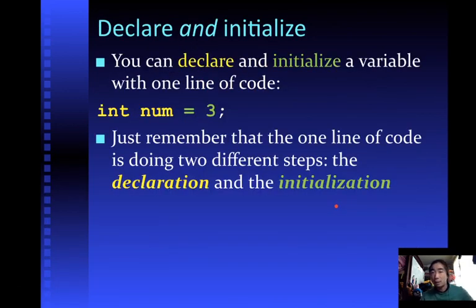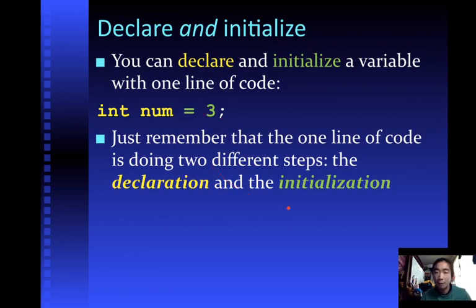So it seems kind of tedious if you always want to separate them. You can combine them into one single line of code versus 2 lines of code. On the left here, you have the declaration. On the right, you have the initialization. So keywords to remember for initialization are assignment, or setting variables to their initial value.